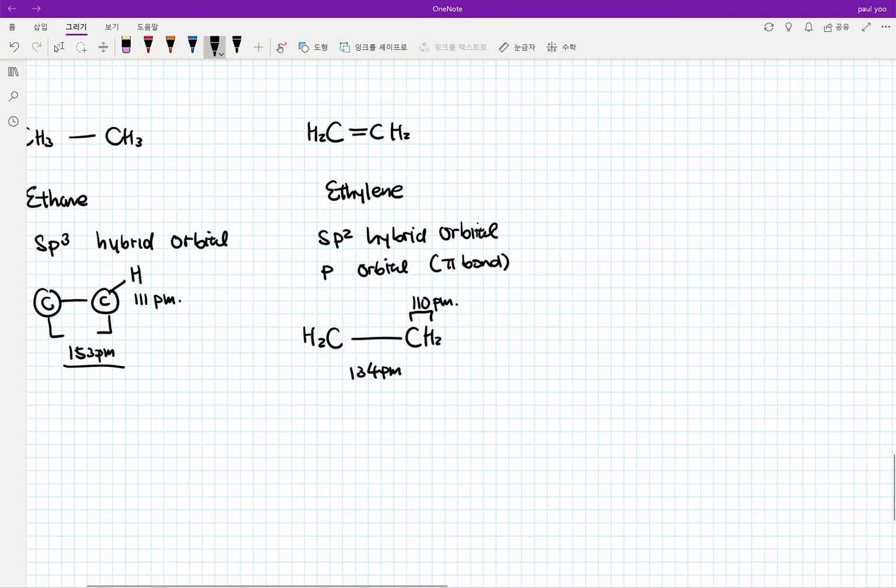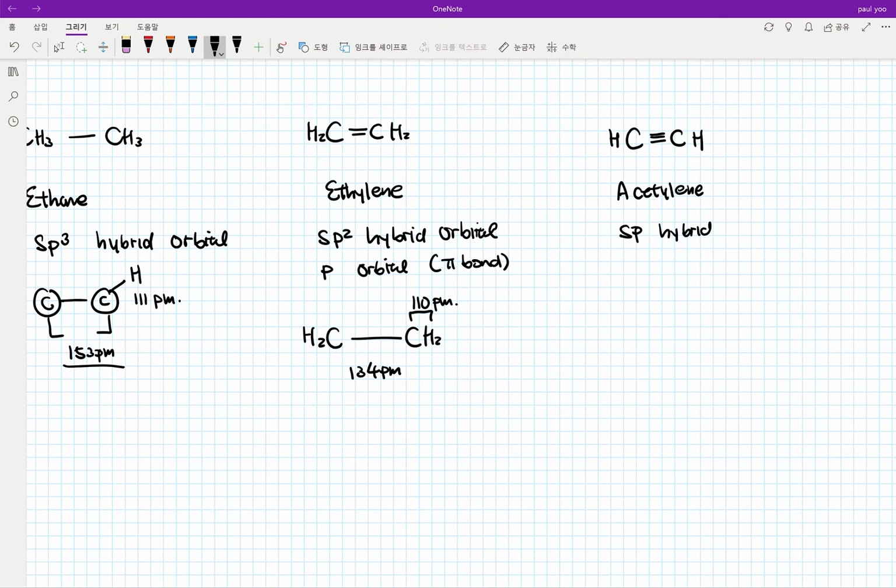ethane. And lastly, the triple bond. This molecule is named acetylene. It has sp hybrid orbitals with p orbitals of 2 pi bonds.